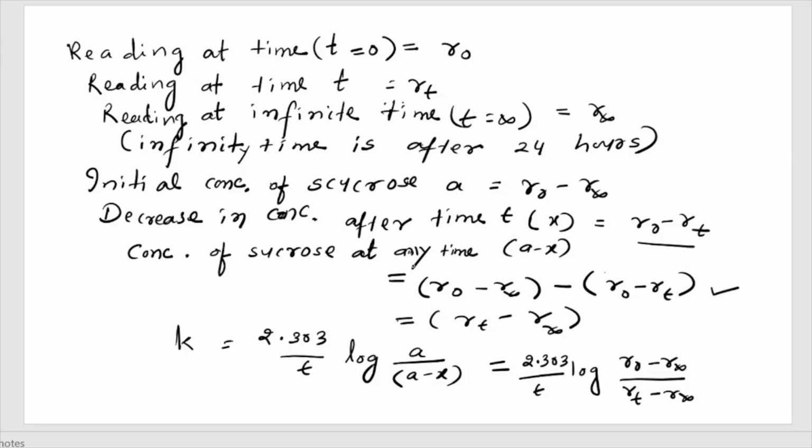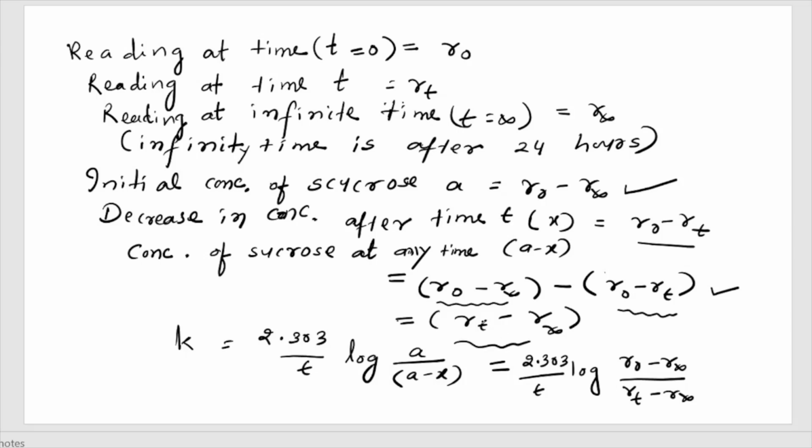Again see, this is the A value, R0 minus R infinity, minus the X value, R0 minus RT. So what is the result then? You make it, and the result is RT minus R infinity. What is the value of A minus X? RT minus R infinity, and A is R0 minus R infinity. Remember, this is the A value and this is the A minus X value.